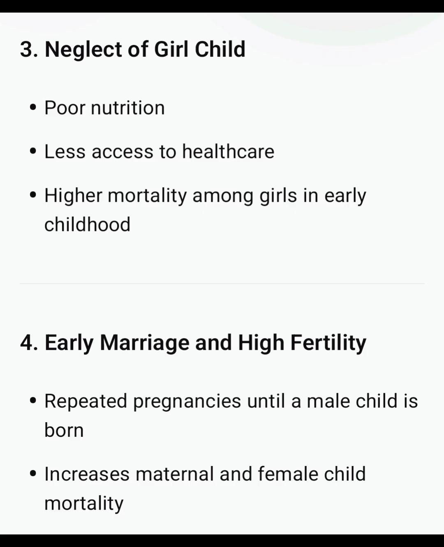The third one, neglect of the girl child: poor nutrition, less access to health care, and higher mortality among girls in early childhood. The fourth one, early marriage and high fertility: repeated pregnancies until a male child is born, and increased maternal and female child mortality. Mortality means death rate. Because of too many pregnancies, the mothers and female children are dying.